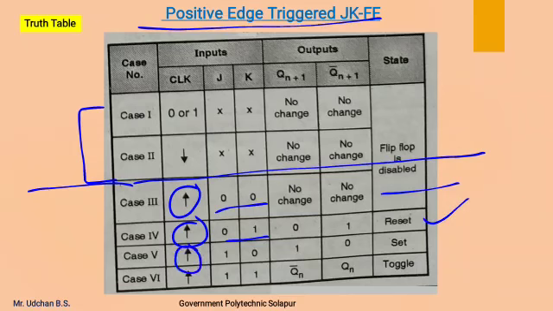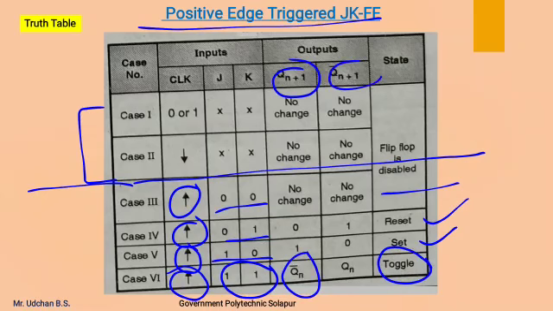For the next positive edge of the clock pulse, for J as 1 and K as 0, the output will set. And lastly for the next positive clock edge and the values of J and K are 1 1, then the output toggles, means Q becomes Q complement and Q complement becomes Q. Means the reset state gets into the set state and the set state gets into the reset state after every positive clock edge.